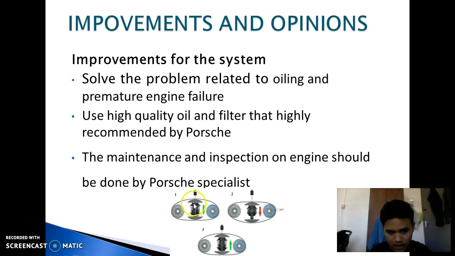These are the timing chain and the solenoid inside the Porsche engine. As we can see here, this solenoid can go upward and downward, depending on the RPM.